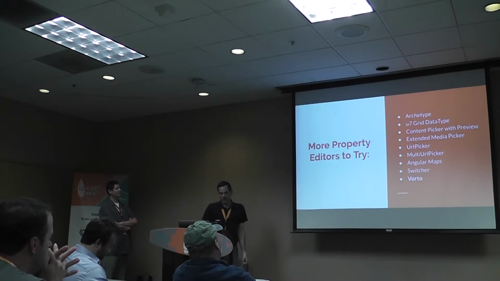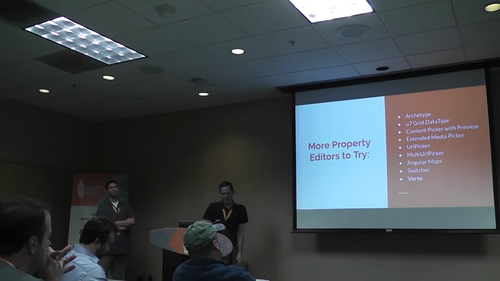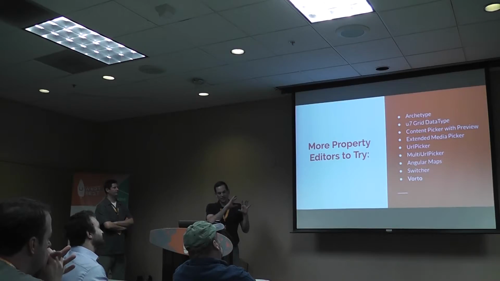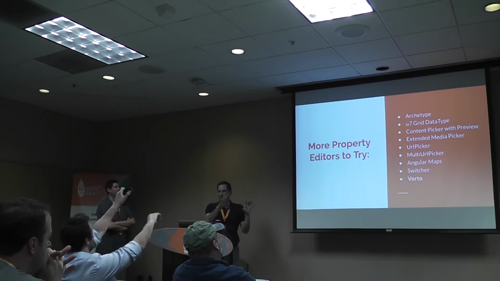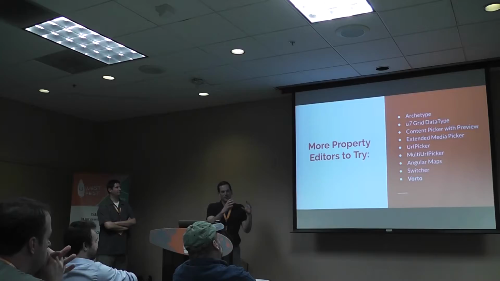It's a pretty cool one that I think is a bit under the radar, especially in the States because we don't get a lot of multilingual, but if you are doing multilingual sites, definitely check it out because it allows you to do multilingual on a property level, right? So for a document type, most of the stuff, maybe the image isn't going to change.